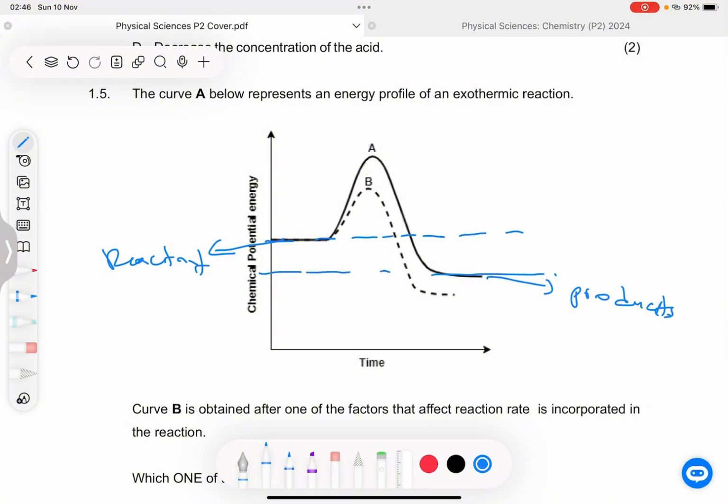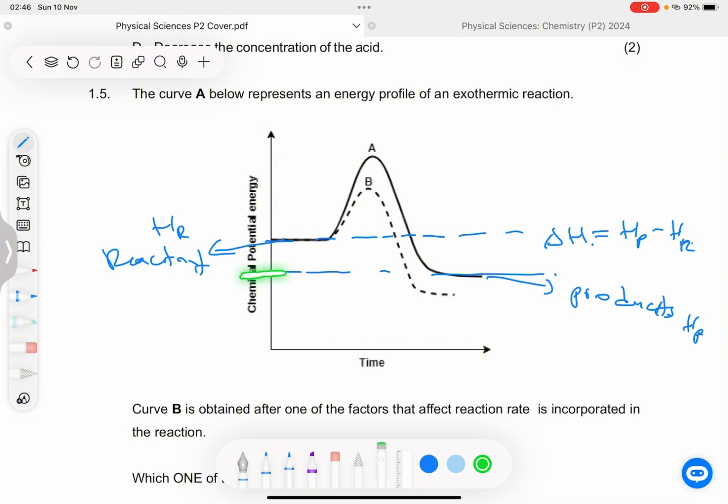Now, if we were to calculate the change in enthalpy, which is the change in energy, remember this is the energy of the reactants and this is the energy of the products. Enthalpy will be given by the energy of the products minus the energy of the reactants.